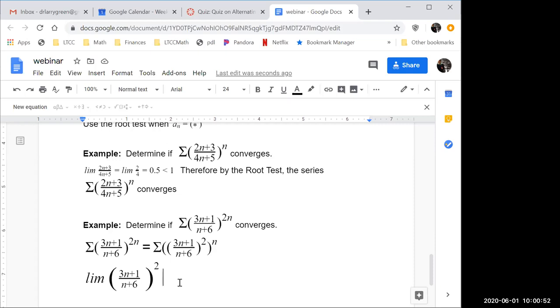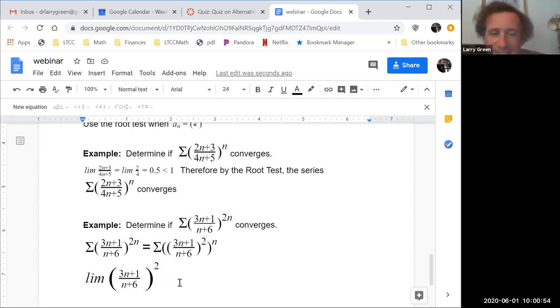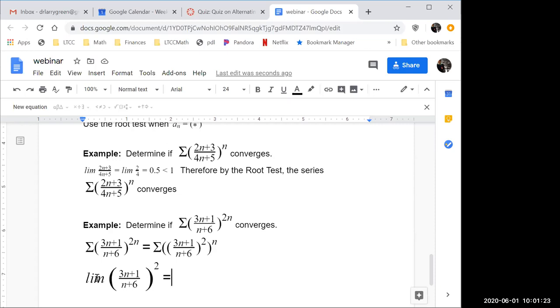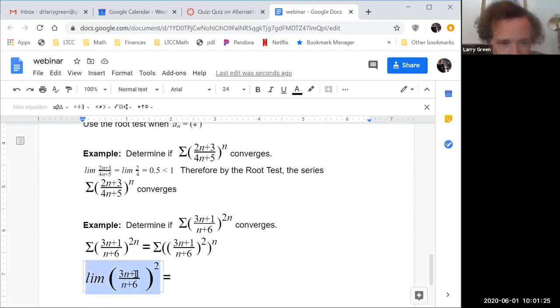Yeah. Instead, we could use the theorem that says the limit of a function is the function of the limit. Do you remember that? So what we can do is pull the squared outside the limit, take the limit, and then square it.